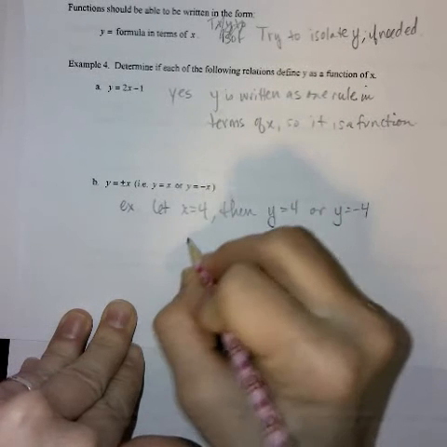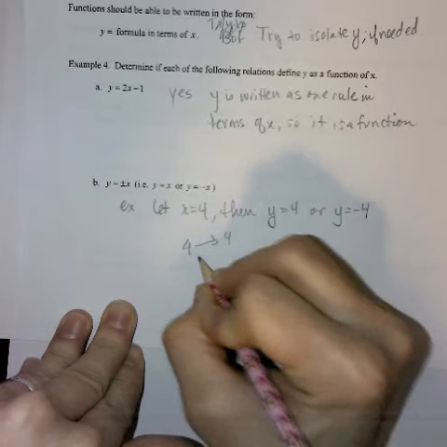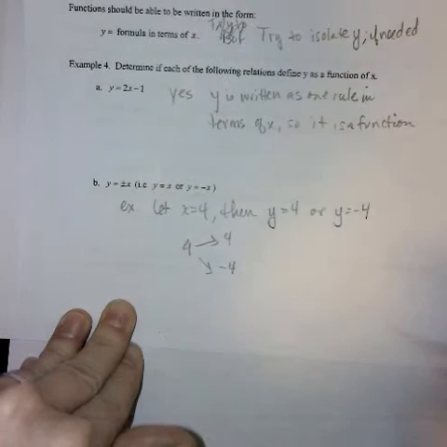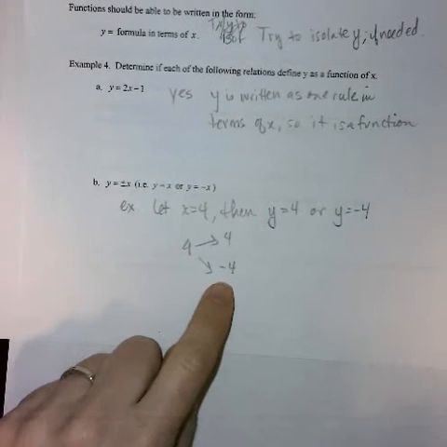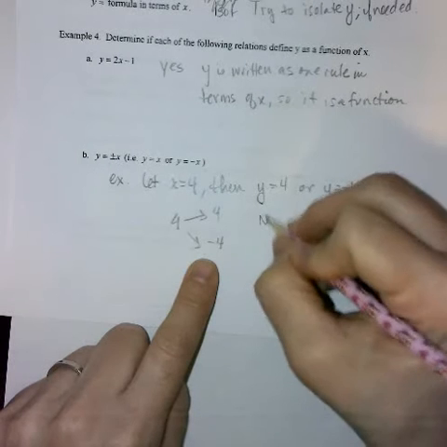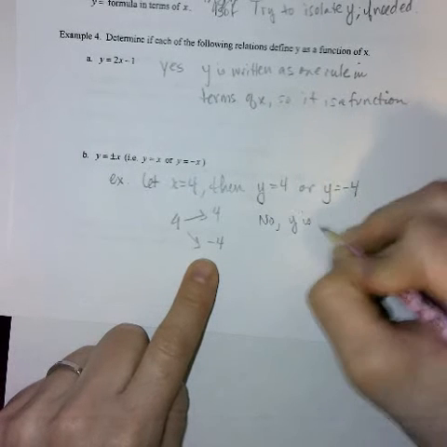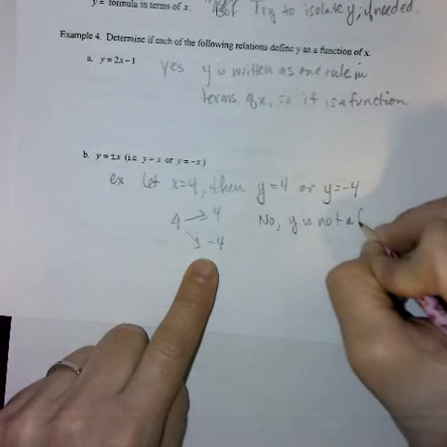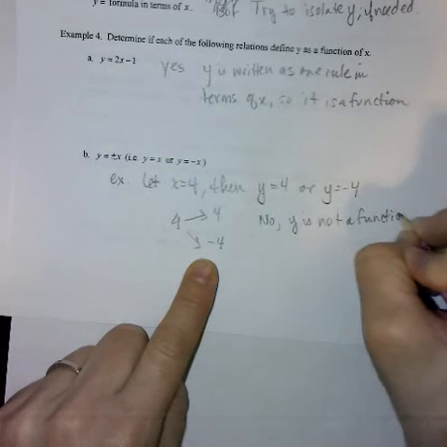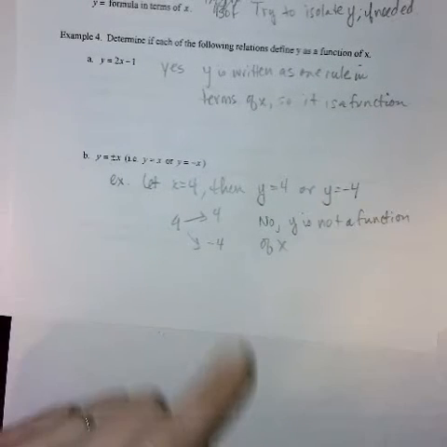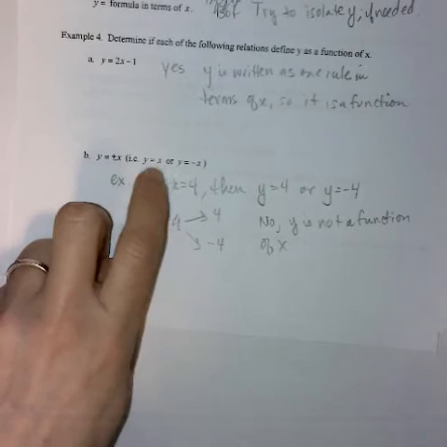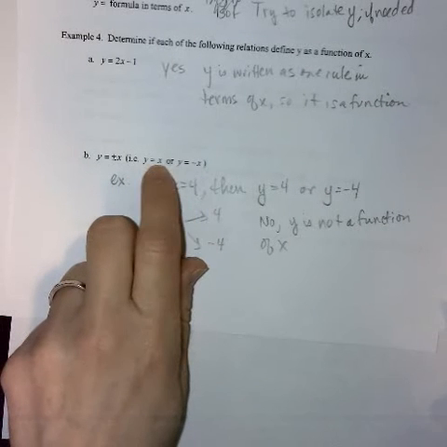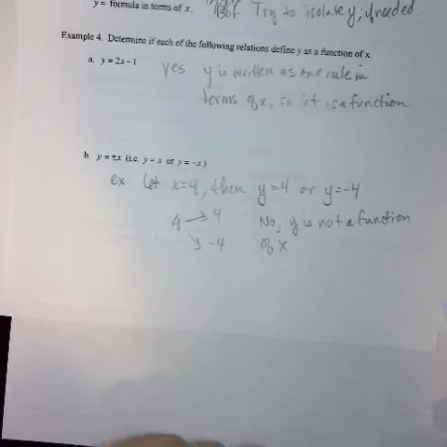Since 4 is going to two different values, this fails to be a function. No, y is not a function of x. You've got many cases where you would plug in an x and get out two different y's.